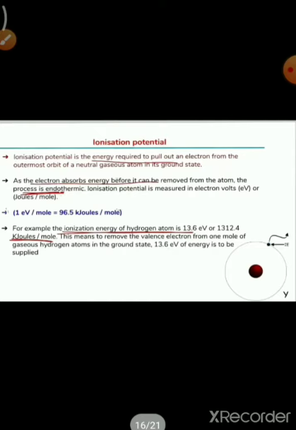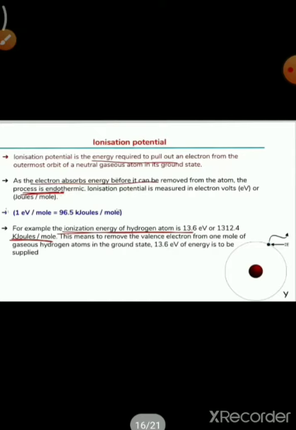So why is it endothermic? Because here the electrons absorb energy. So you know, if energy is released it will be exothermic, and if it absorbs then it is endothermic. That's why here it is endothermic, as your electron absorbs energy before it can be removed from the atom.